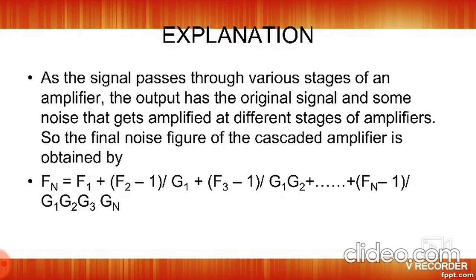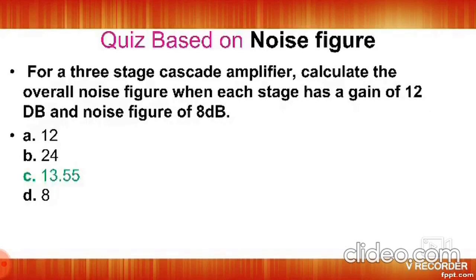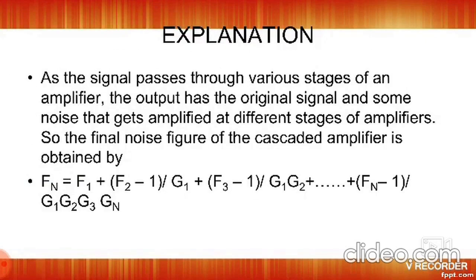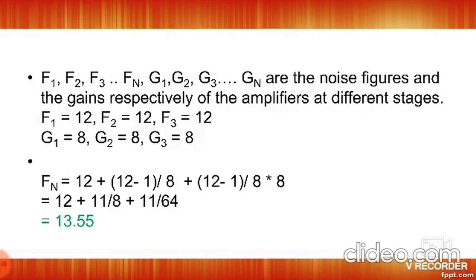As we know, the formula to calculate the overall noise factor is Fn equal to F1 plus F2 minus 1 divided by G1, plus F3 minus 1 divided by G1 G2, and so on up to Fn minus 1 by G1 G2 G3 up to G(n minus 1). Here F1, F2, F3 up to Fn and G1, G2, G3 up to Gn are the noise figures and the gains; F is the noise figure and G is the gain.